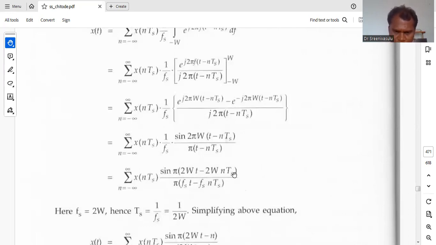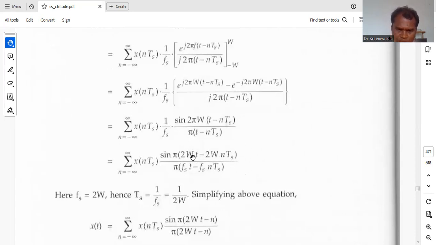Now, what is this 2W? It is nothing but Fs. So, we substitute here sin pi Fs t minus Fs into nTs. In the denominator also, you can multiply Fs with the denominator factor: pi into Fs t minus Fs into nTs.